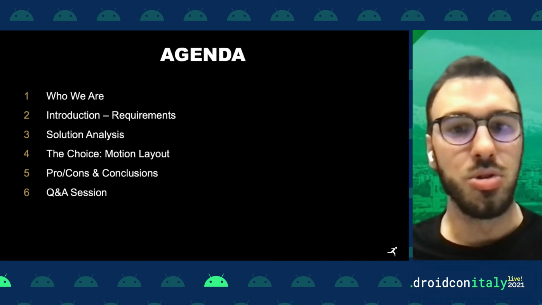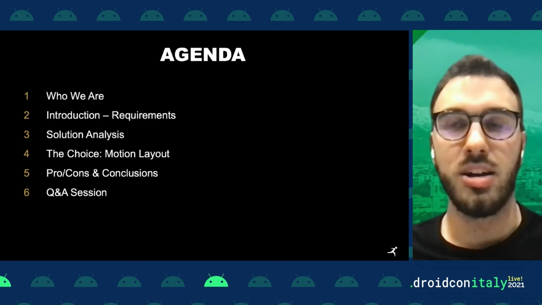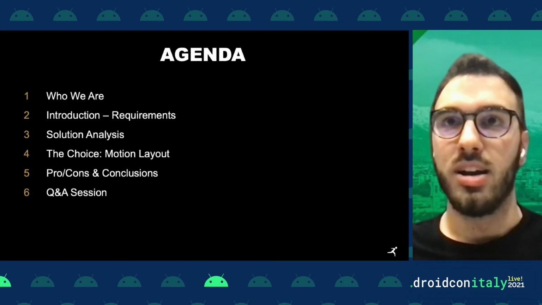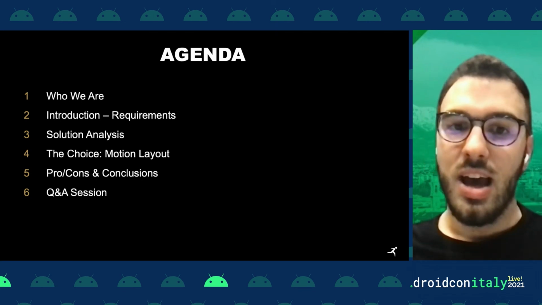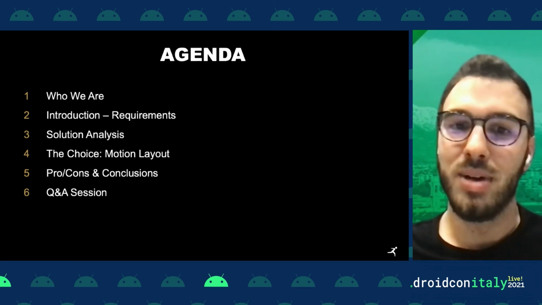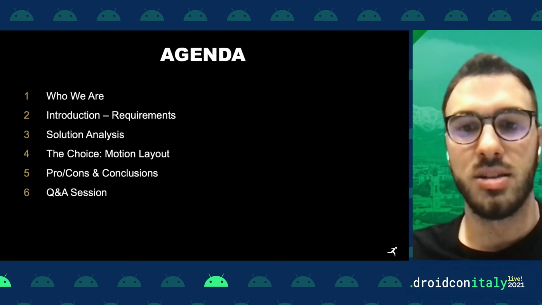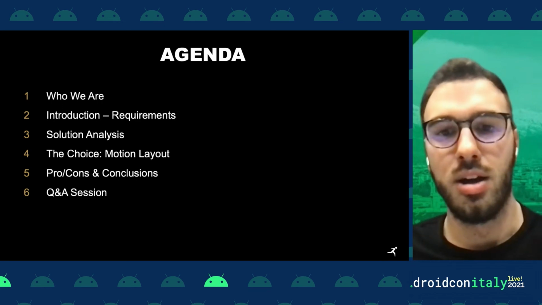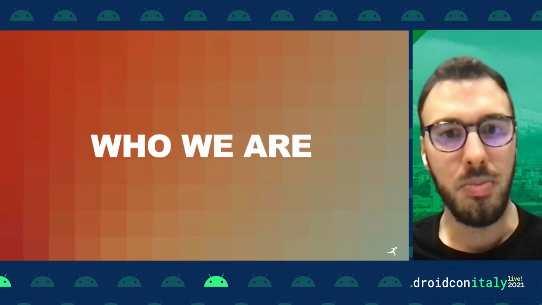Then we pass to the solution analysis, where we see which technical solutions we analyzed to reach the final choice. And then the main chapter of the talk, the MotionLayout choice, where we will see the technical details. To conclude the talk, we see pros, cons, conclusion, and the Q&A session. Let's start with the presentation.